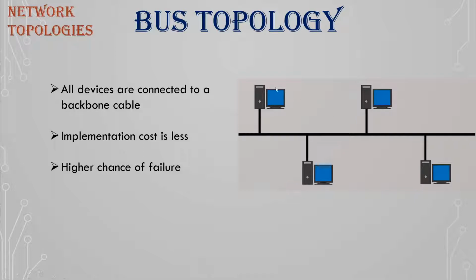We can see that the nodes are connected to each other using a cable called the backbone cable. If this node fails, then the communication is not affected in other nodes. But if the backbone cable fails, then the entire communication will be down. So this is a disadvantage of bus topology.